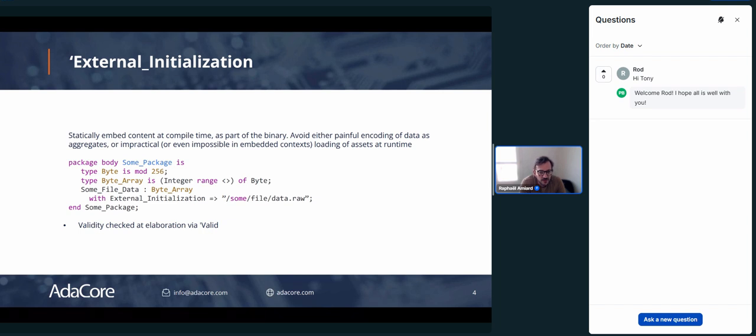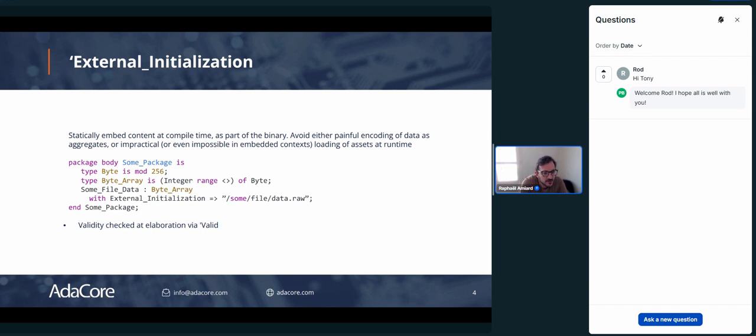This is very useful for embedded users because it avoids painful encoding of data as aggregates, which some of you might have done in the past, because this is for the moment one of the only options, or the other option that you have on native targets is to load assets from files at runtime, but that can be tedious.